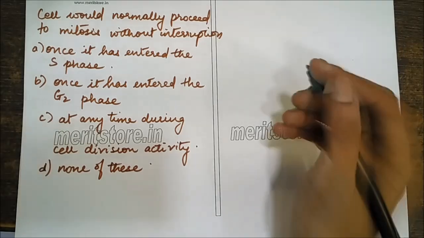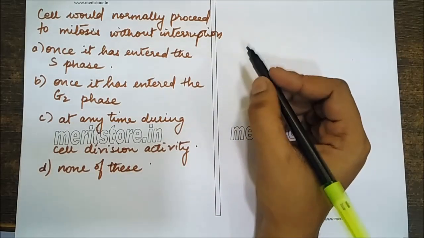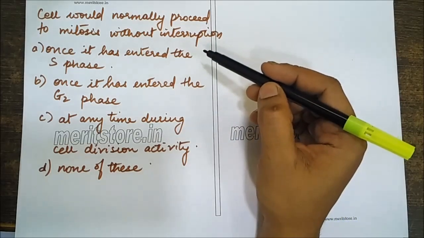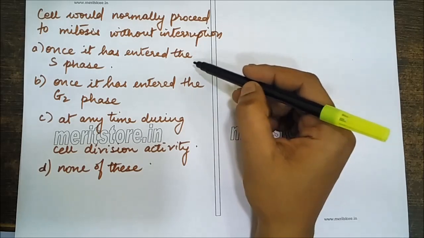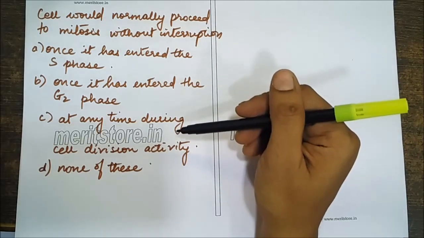A cell would normally proceed to mitosis without interruption. The options given are: once it has entered the S phase, once it has entered the G2 phase, at any time during the cell division activity, or none of these.